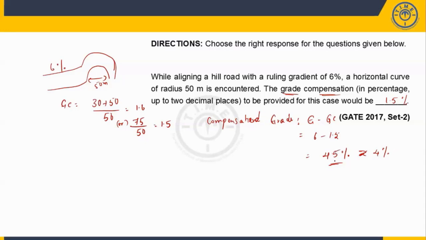Anything greater than 4, you take the value you got, because grade compensation is not required for gradients flatter than 4%.